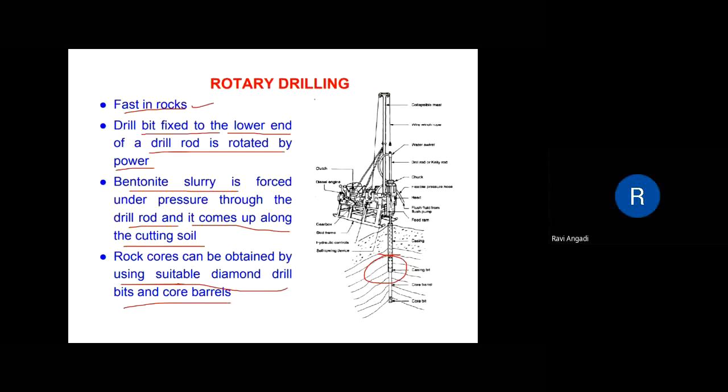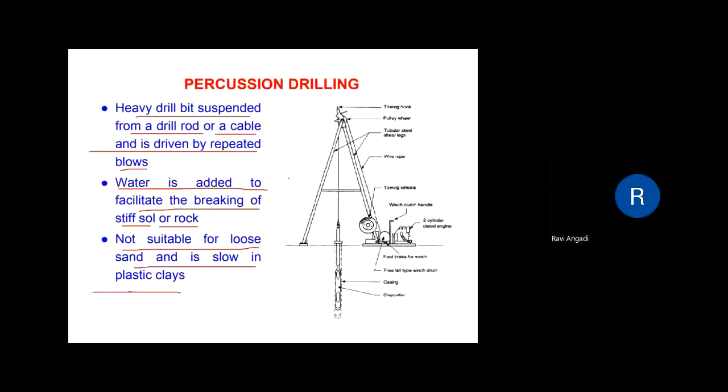These are some methods I discussed to get the samples from the site. After getting the samples through these methods, those samples are collected and tested in the laboratory, or sometimes you may test in the field also. From the laboratory you may get the engineering properties of the soil: the grain size, shrinkage limit, plasticity limit, water content, and SBC of the soil.